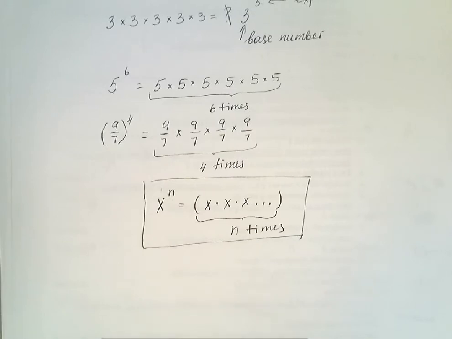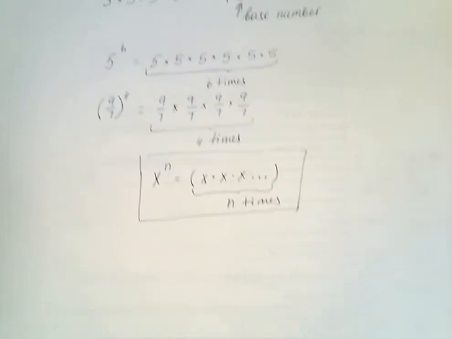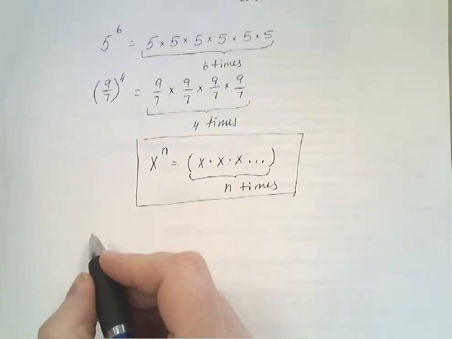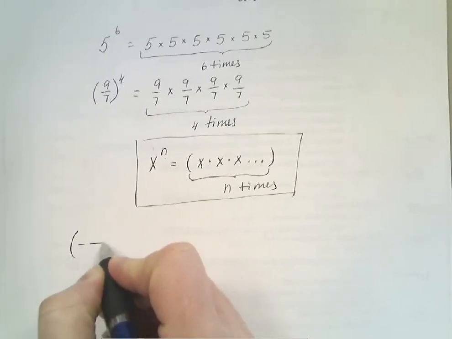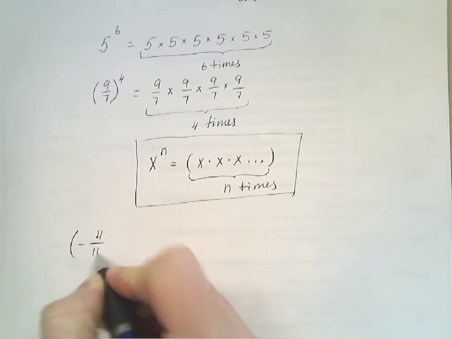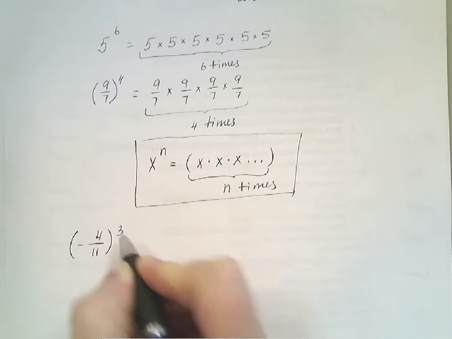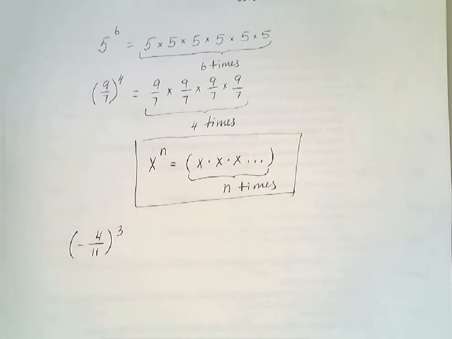Okay, so let's go ahead and do some exercises very quickly here. Let's say I have negative 4 elevenths to the third power. How am I going to write it?